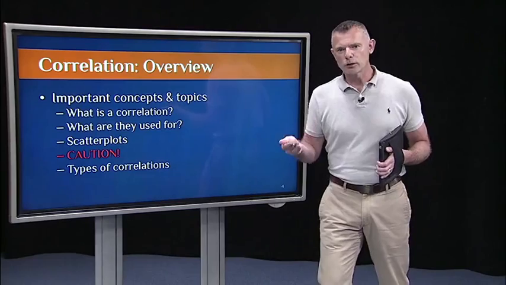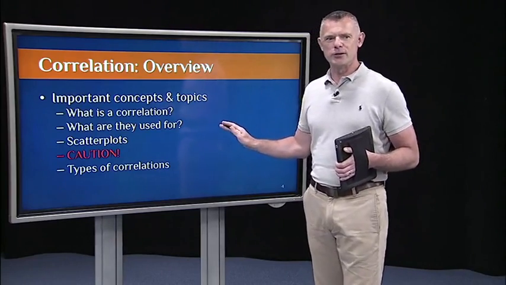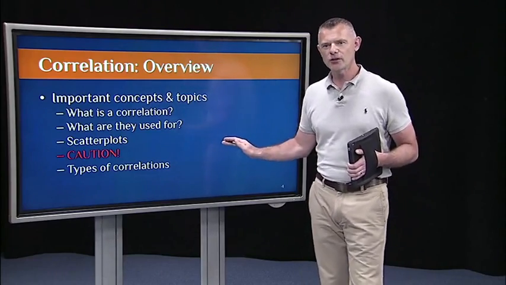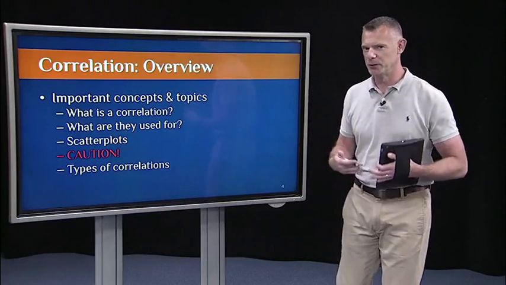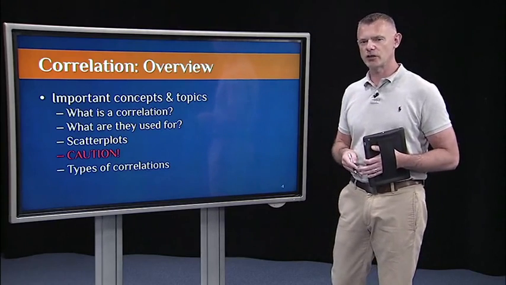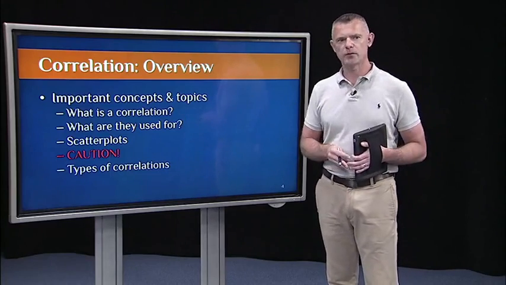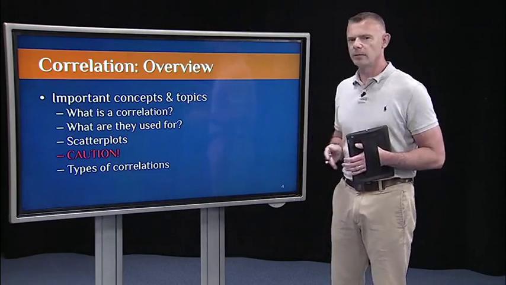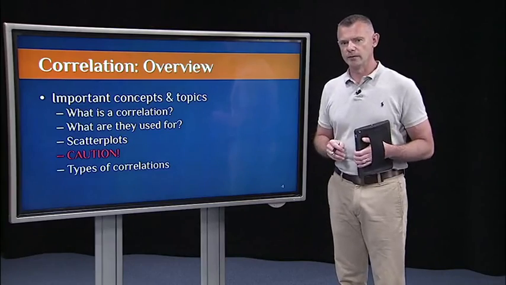Then there's a lot of words of caution. So I can talk about what correlations are used to do, and with the caution I'm going to say what correlations are not supposed to be used for. So we'll go through a lot of cautionary notes toward the end, and then I'll just list some other types of correlations beyond the Pearson product moment correlation, which is the one we're going to emphasize today.